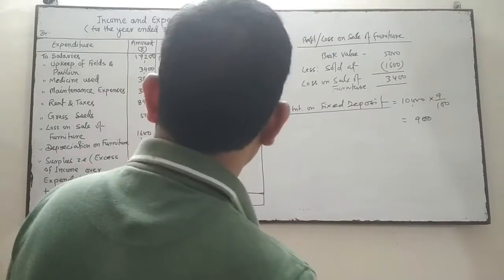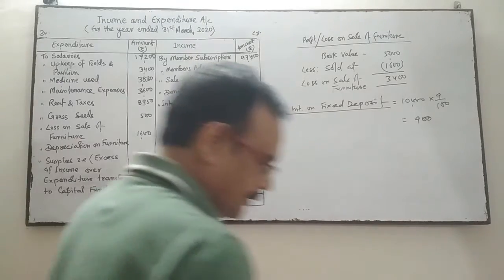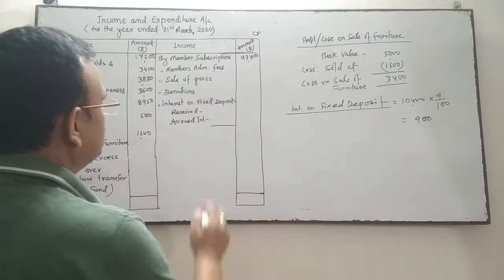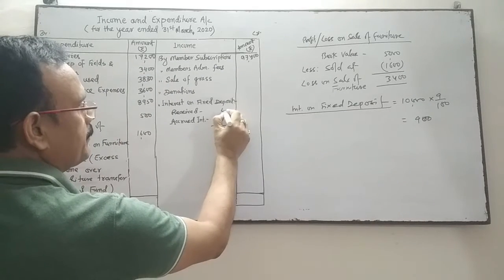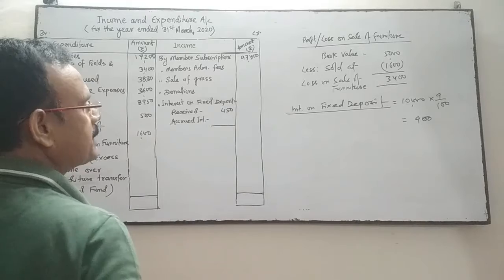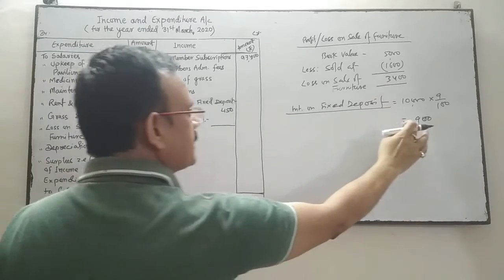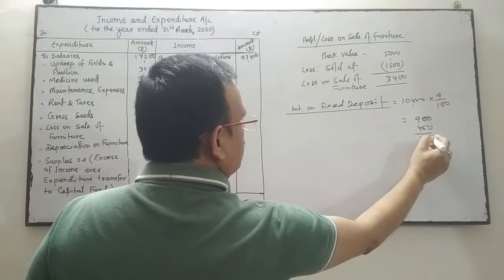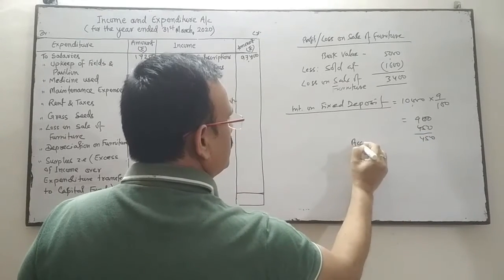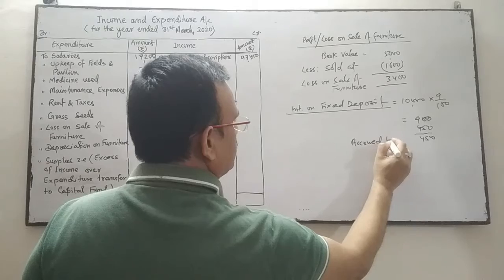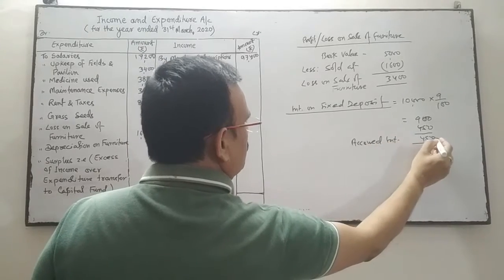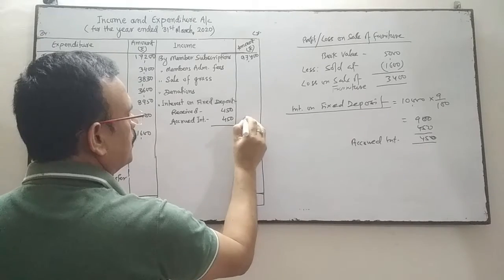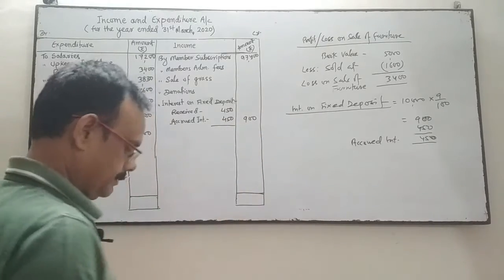Interest on fixed deposit received is already given in the receipt and payment account receipt side. It means the rest, 450, is the accrued interest. This 450 is the accrued interest. So in the outer column we will write 900.